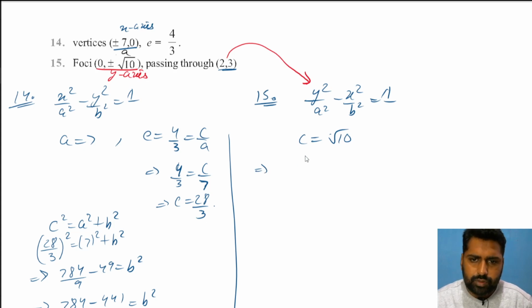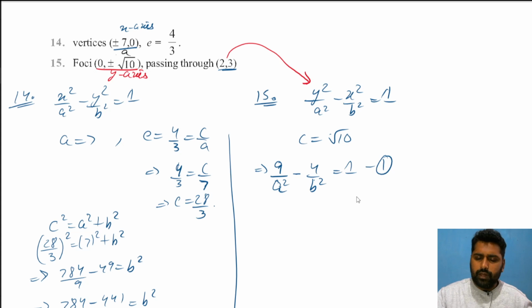So 3 square is 9 by a square minus 2 square, 4 by b square, equal to 1. That's your first equation.